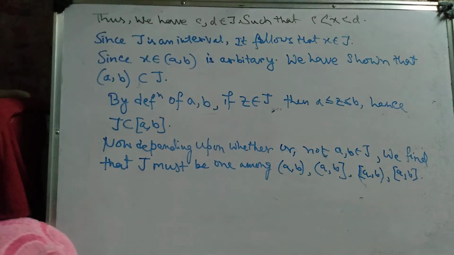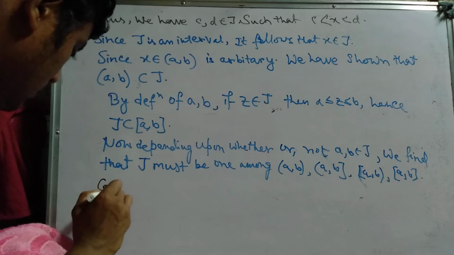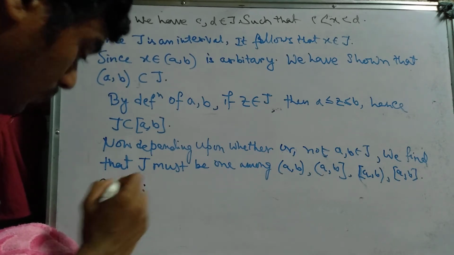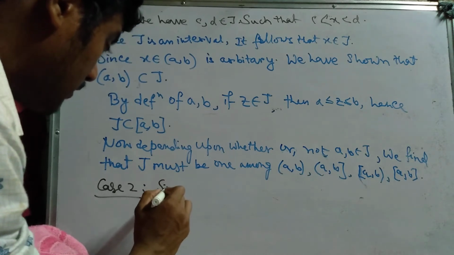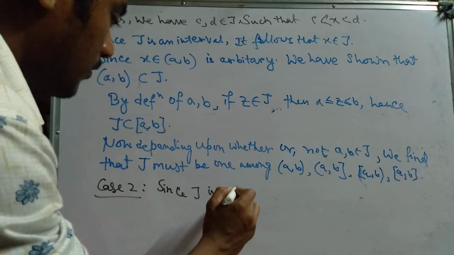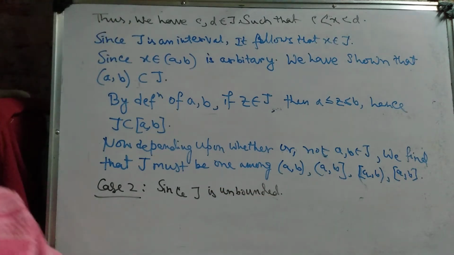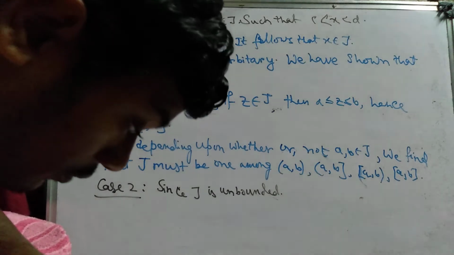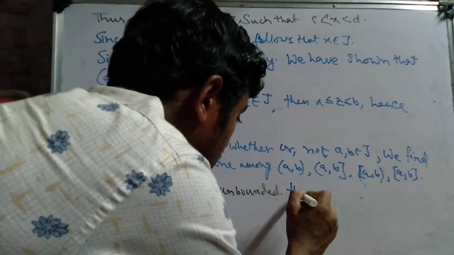Now we study case 2. Since J is unbounded, we do so simply. There are three possibilities.